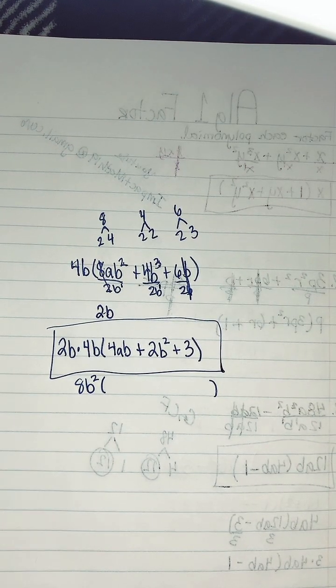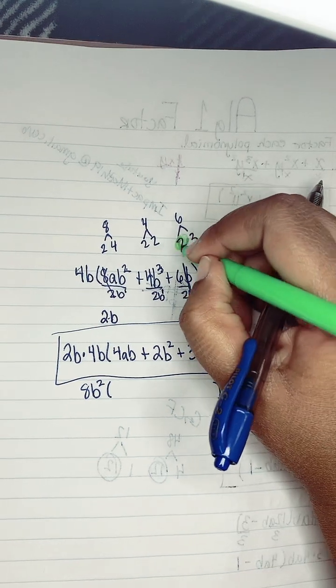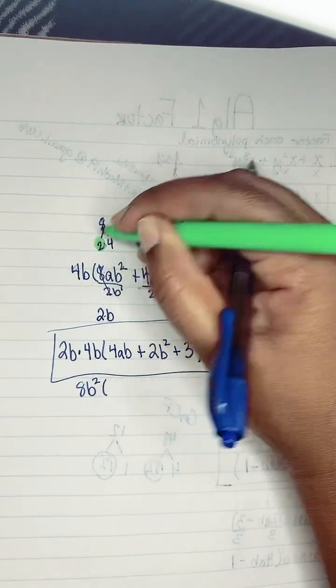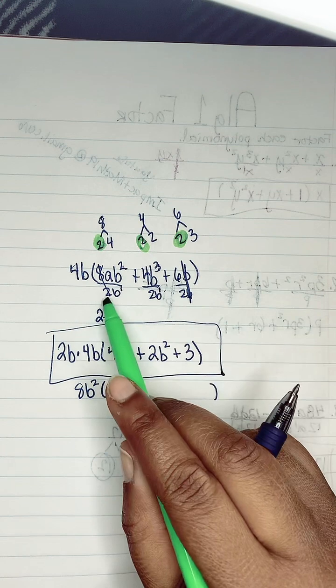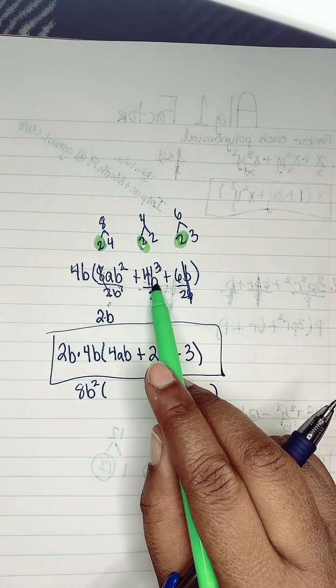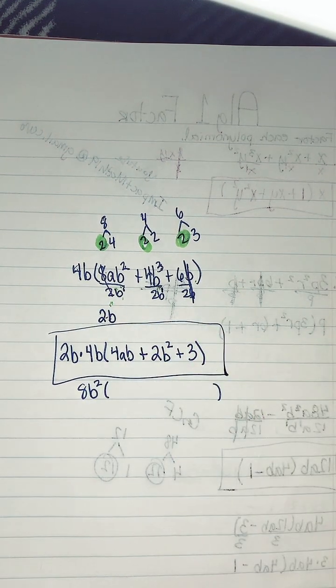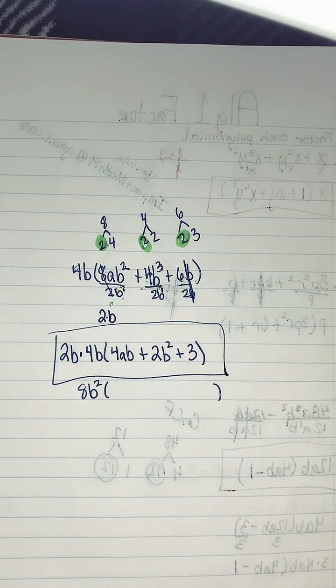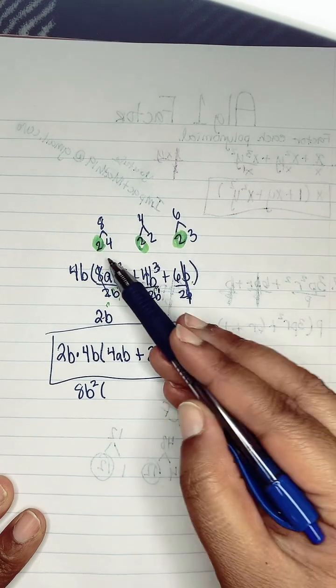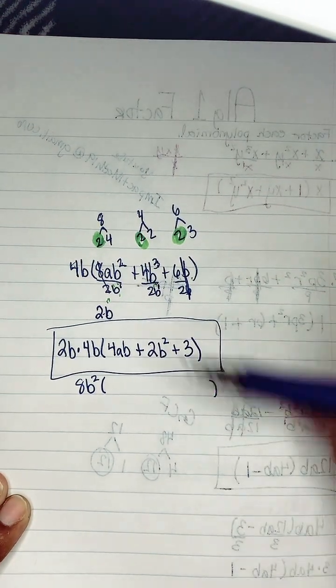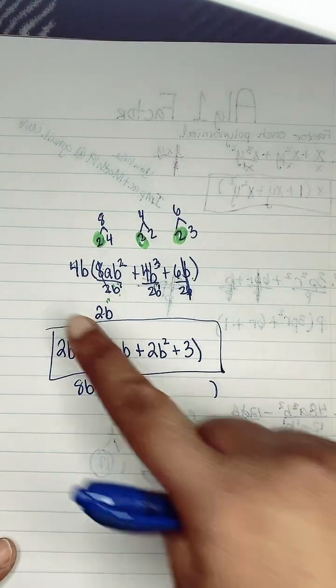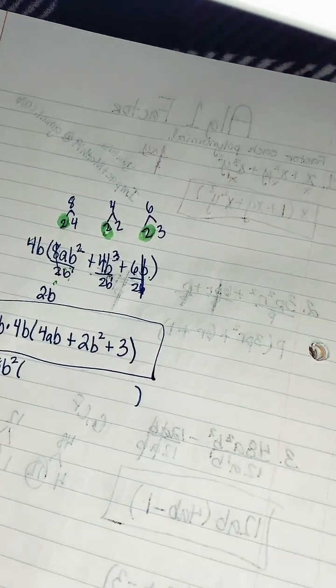If you look at all the numbers, they all share a 2, so that's why we could pull out a 2. Every term had a B, and that's why we could pull out a B. So I hope that makes sense. That's why we were able to pull out a 2 out of 8, 4, and 6. They all shared a 2. Okay.